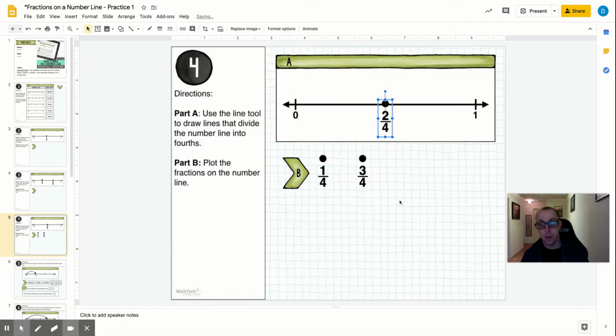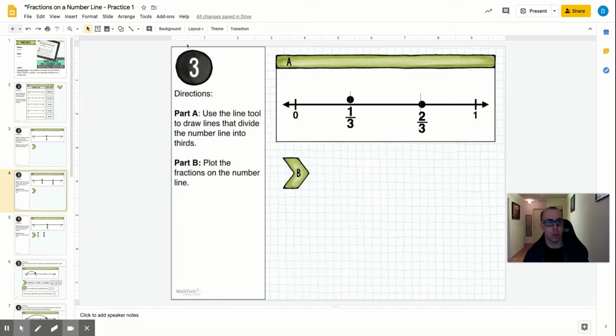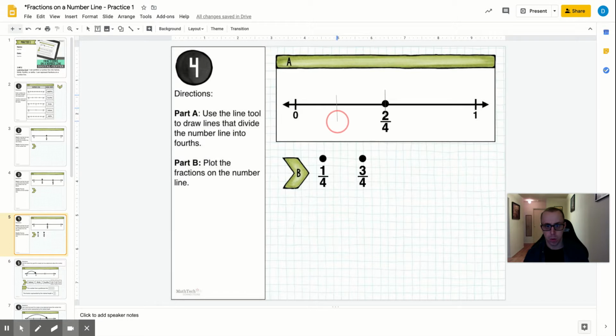Okay. Now, to find 1/4 and 3/4, look at this space and this space and divide that space in half again. So we will put the line here for 1/4, about halfway between 0 and 2/4 is 1/4. And then about halfway between 2/4 and 4/4, or 1/2, is 3/4.